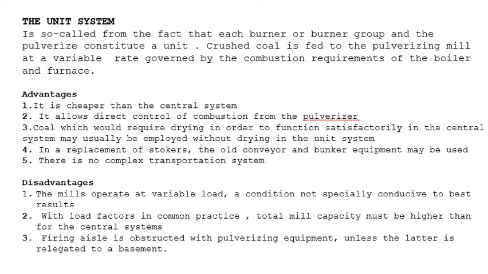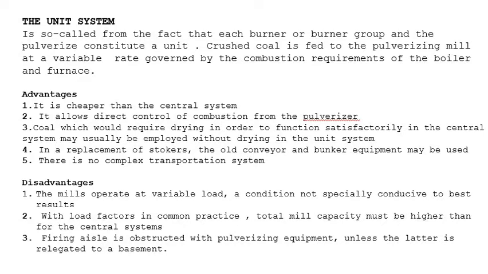So the unit system is so called from the fact that each burner or burner group and the pulverizer constitute a unit. Crushed coal is fed to the pulverizing mill at a variable rate governed by the combustion requirements of the boiler and furnace. So the advantages are that it is cheaper than the central system, so it's a low cost system, and it allows direct control of combustion from the pulverizer.